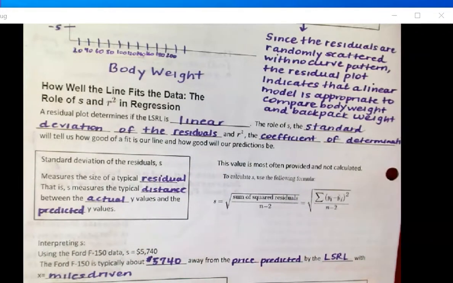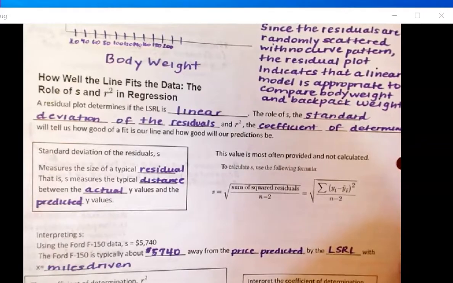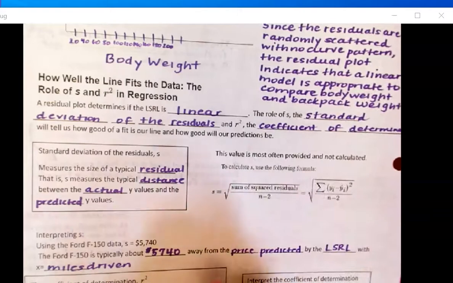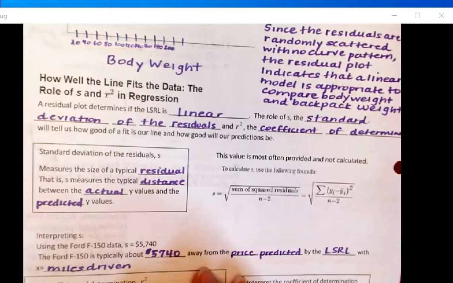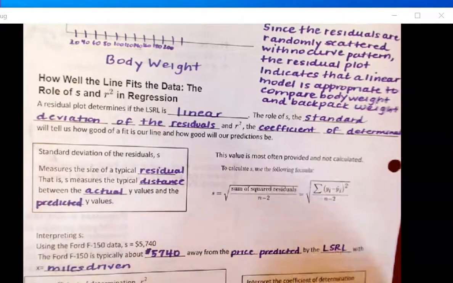So that's how you would actually interpret that. Anytime it asks you to interpret this S value, don't forget that's the standard deviation of the residuals. And the residual for this one would be the actual price versus the predicted amount.